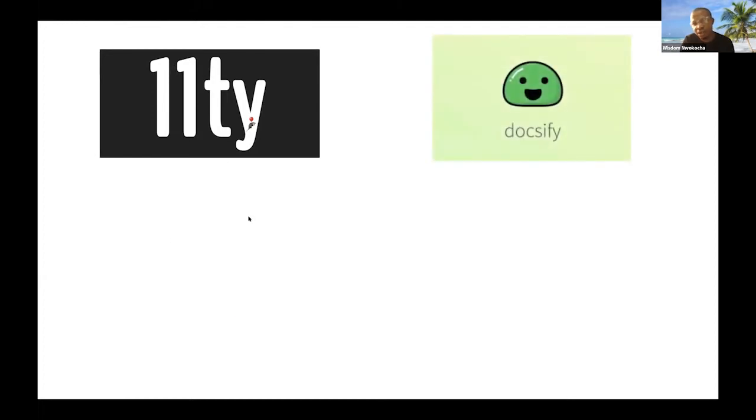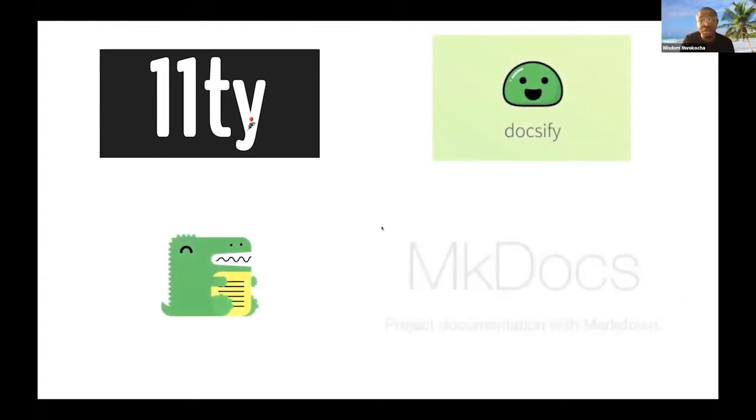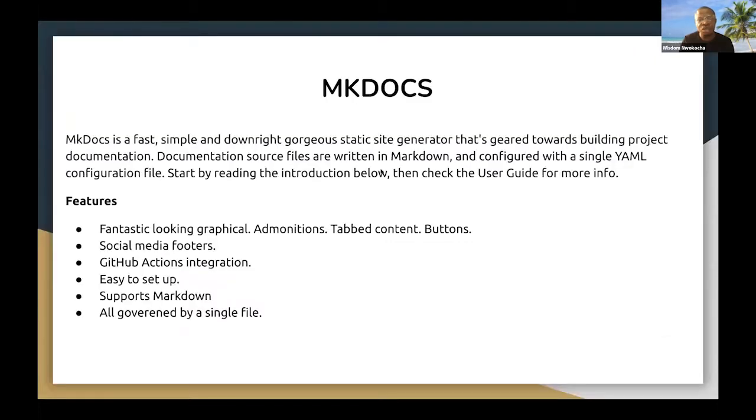Okay, so the tools we're going to talk about today are Eleventy, Docsify, Docusaurus, and MkDocs. So let's start with MkDocs. MkDocs is a fast, simple, and downright gorgeous static site generator geared towards building project documentation.